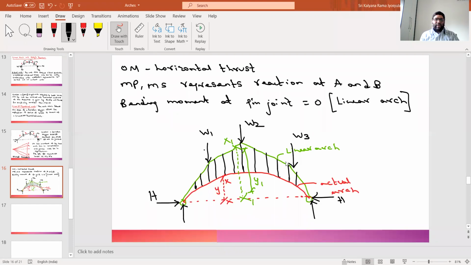Now if we combine the actual arch and the linear arch, what will happen? Now actually this y and y1 are the rise, meaning the vertical distance, rise of actual and linear arch.